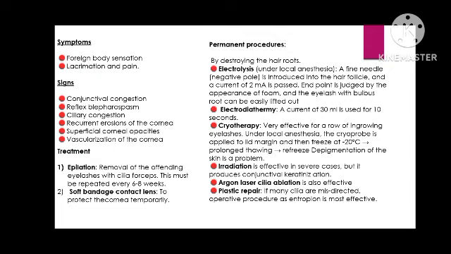Next is radiation, which can affect the cornea. Argon laser of cilia is also effective, and plastic repair of misdirected cilia, such as for entropion, is most effective. Electrolysis, electrocautery and cryotherapy, radiation, argon laser, and plastic repair are all permanent procedures for distichiasis.